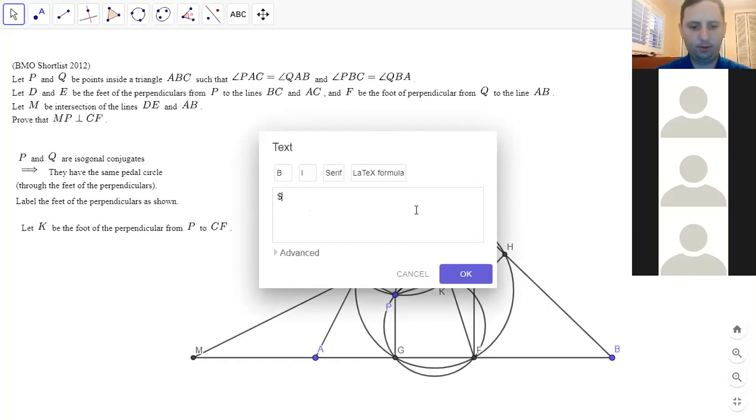So you have angle PGF equals PKF equals 90, and that means that PGFK is cyclic.